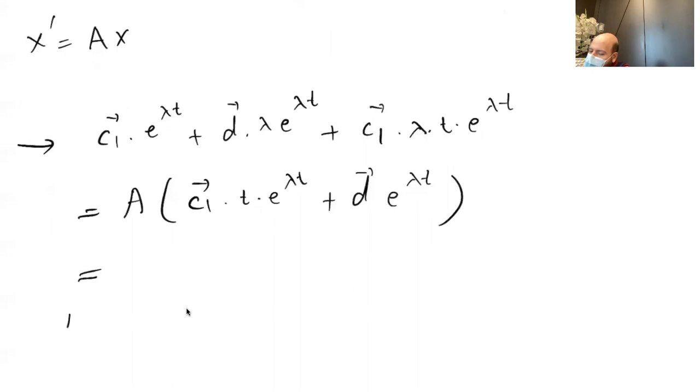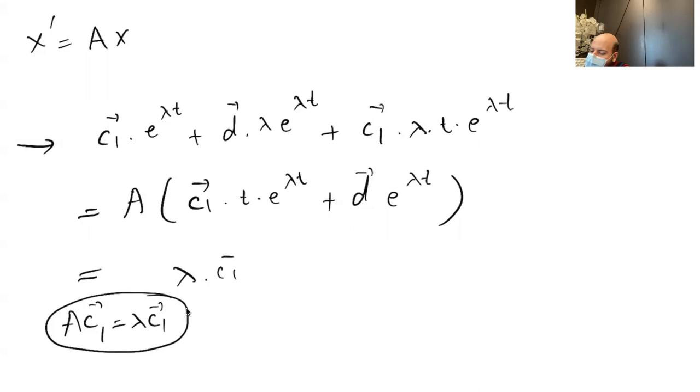And if I simplify this, I know that A C1 is equal to lambda C1. We used this for the previous case as well. Remember, again, C1 is an eigenvector with eigenvalue lambda. So A C1 is same as lambda C1. So then I can simplify the right-hand side as lambda C1 t e to power lambda t plus A d e to power lambda t.